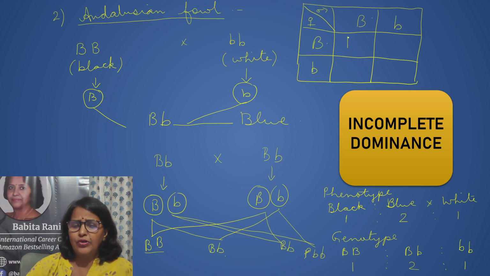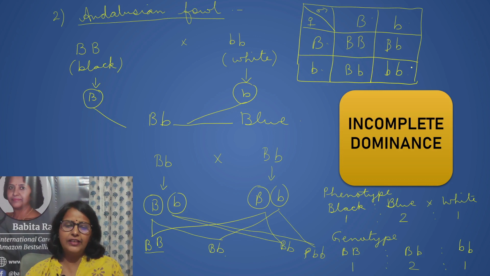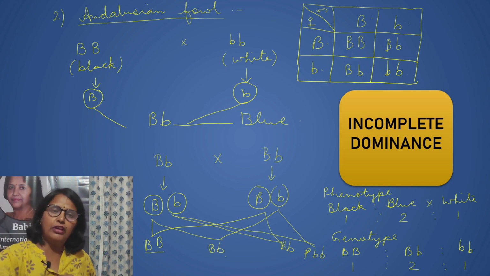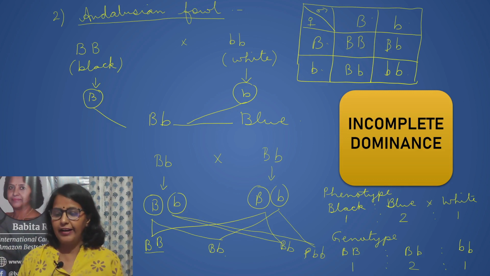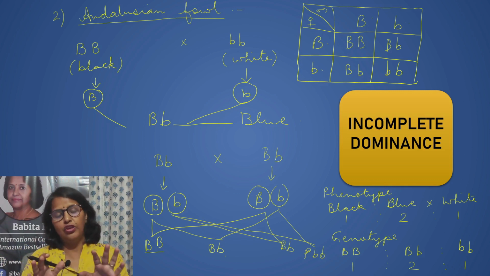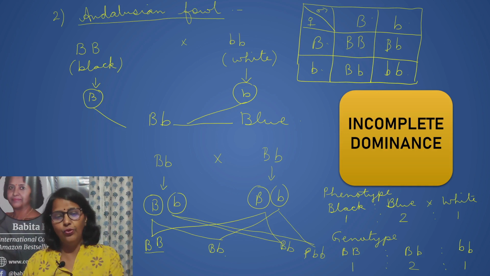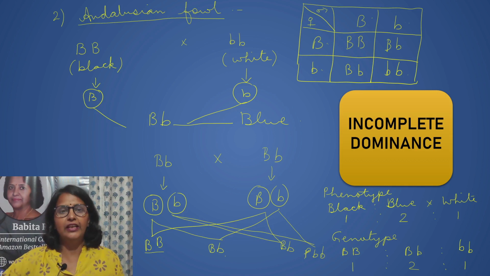These two will cross together, capital B capital B, these two together, capital B small b. Now, these two together, capital B small b, these two together, small b small b. This is how you represent it in a Punnett square. But what is the result? Result is exactly similar to what we got in Snapdragon or Mirabilis, that is phenotypic ratio is equal to genotypic ratio, and that is 1:2:1. So, this is what happens in incomplete dominance.